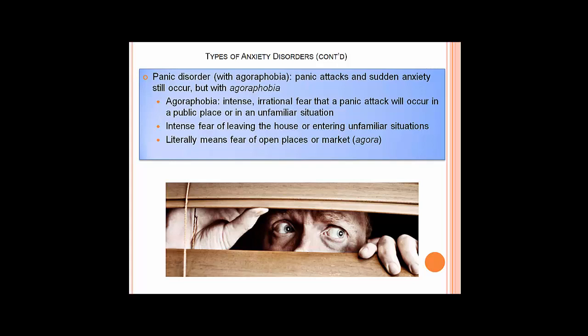But it is an intense fear of leaving the house or entering unfamiliar situations, and people with severe agoraphobia, like the graphic I've got there, will not go out of the house. Many times won't even open the door.